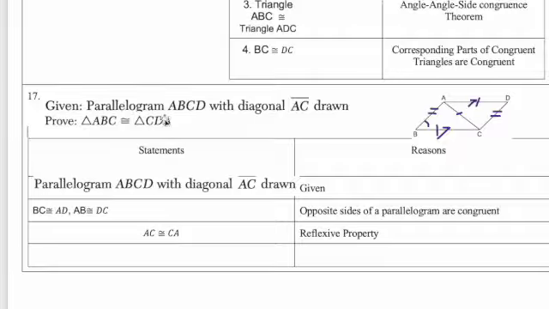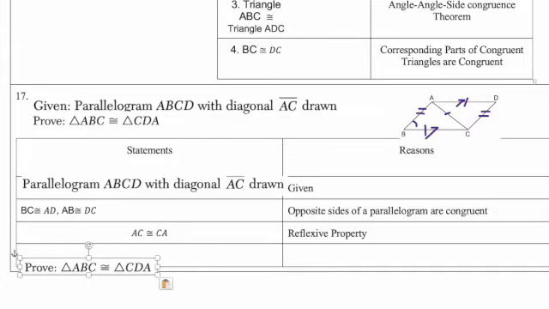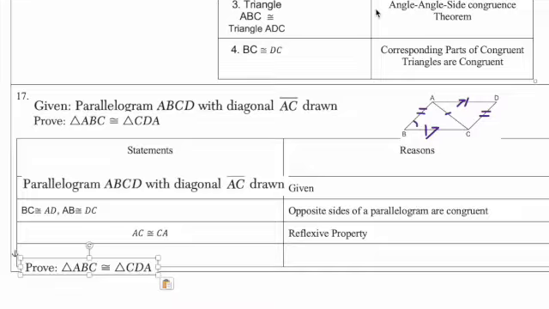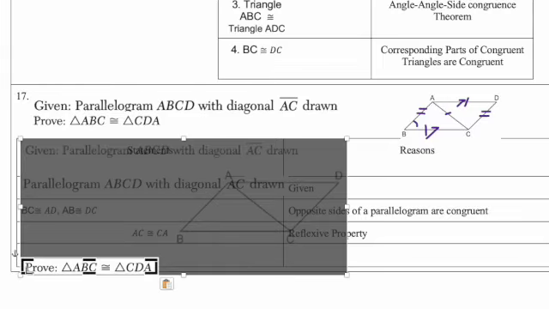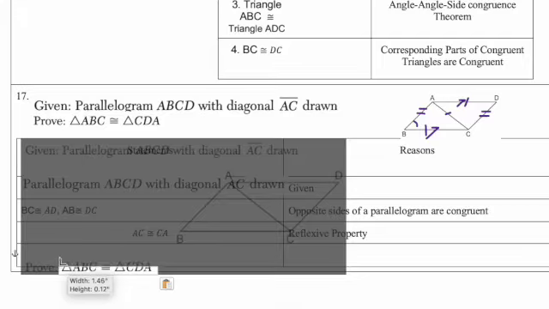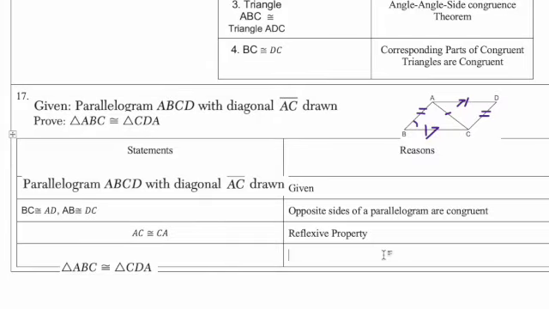Okay, and then we also have triangle ABC is congruent to triangle CDA, and we used for this one side, side, side triangle congruence theorem.